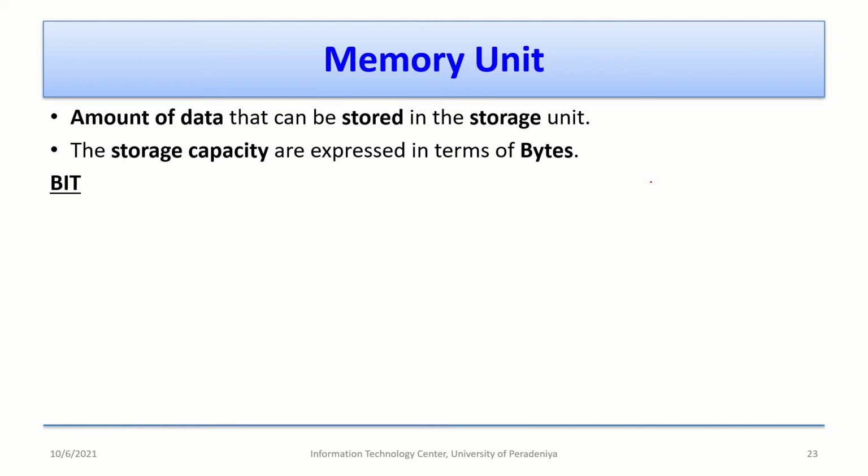So what is a byte or what is a bit? First one is bit. Bit means binary digit. We know in the binary number system we have two symbols or two digits, 0 and 1, right? So this is a binary digit. Simply we take B from binary and IT from digit, then we call this a bit, one digit, right?